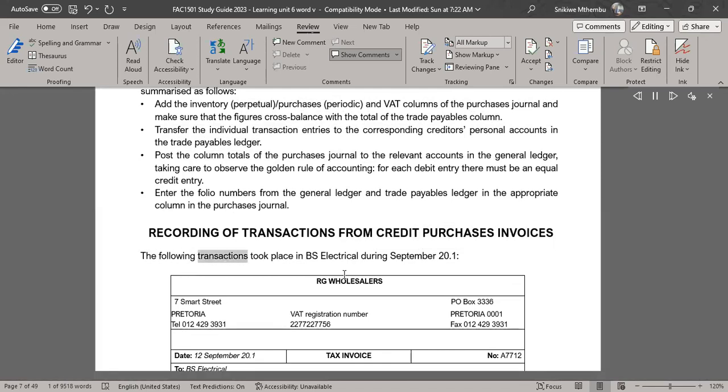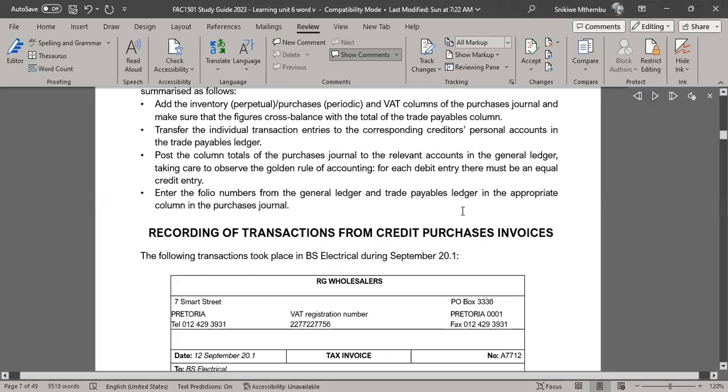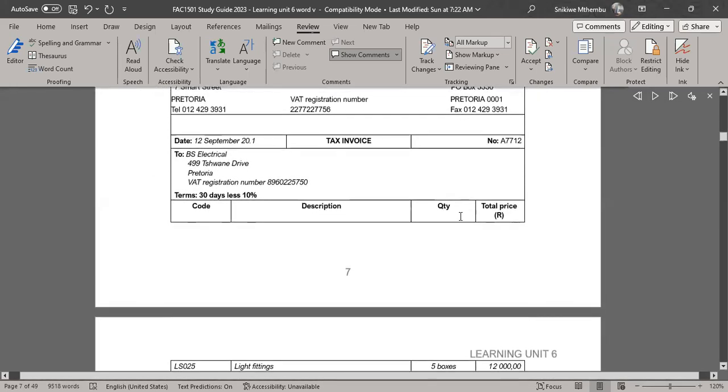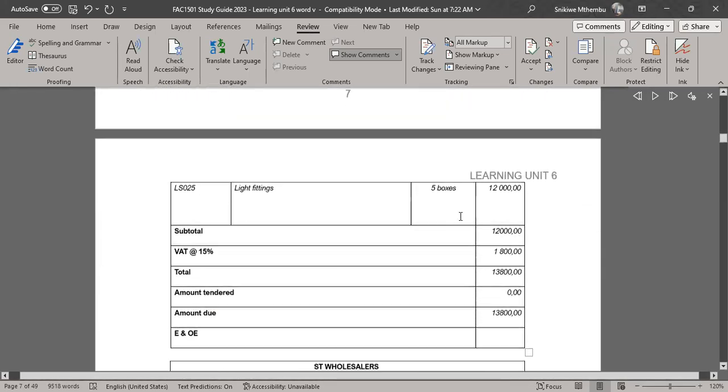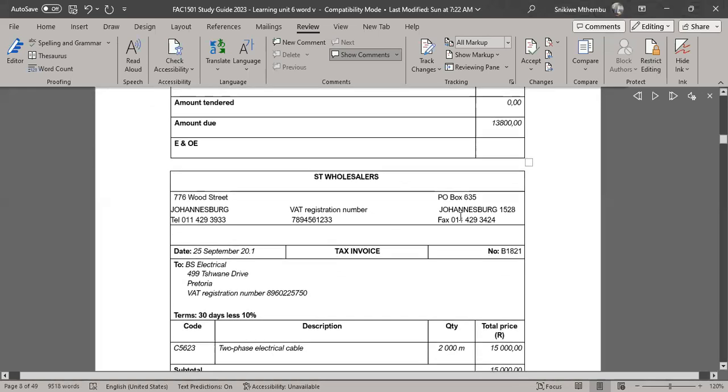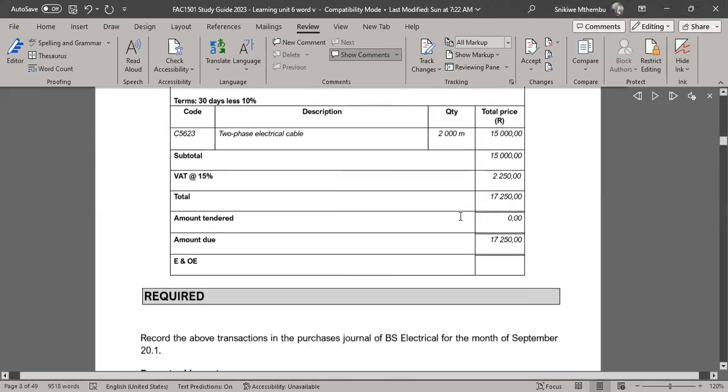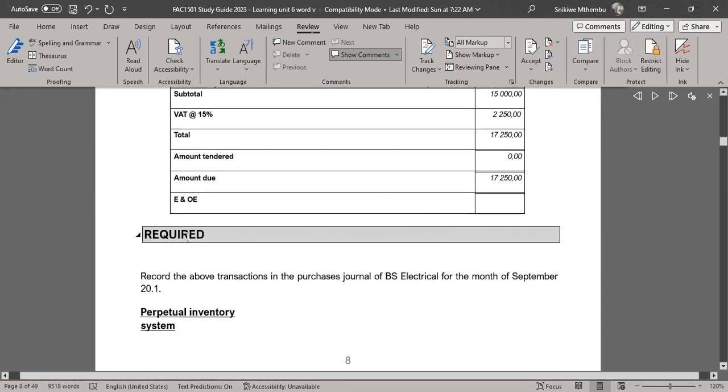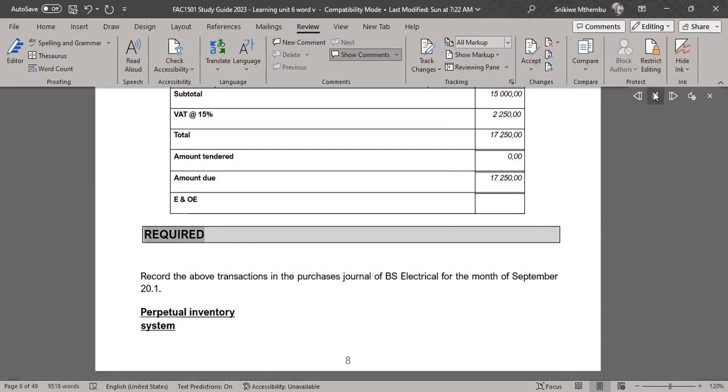The following transactions took place in BS Electrical during September 20.1. Required: Record the above transactions in the Purchases Journal of BS Electrical for the month of September 20.1.